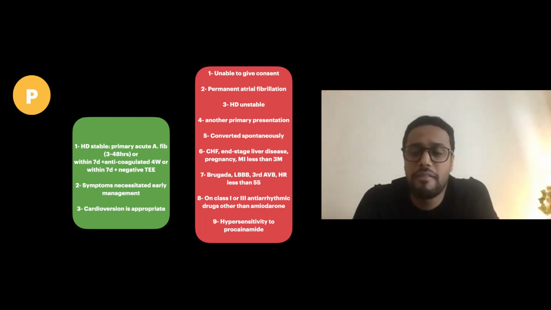Also, if they had any chronic diseases, for example CHF, end-stage liver disease, pregnancy, MI, or any arrhythmias like Brugada, or if those patients were on any class 1 or 3 antiarrhythmic medication other than amiodarone, or if they were hypersensitive to procainamide.